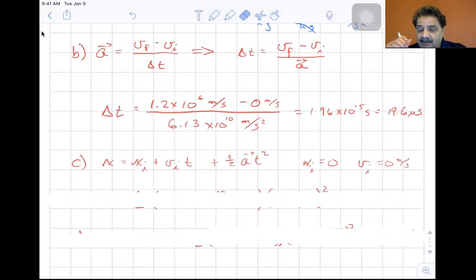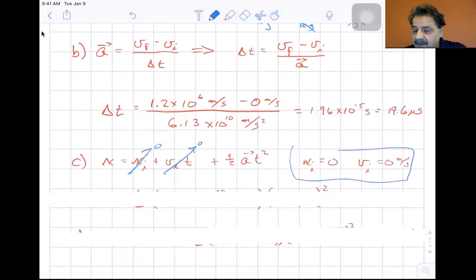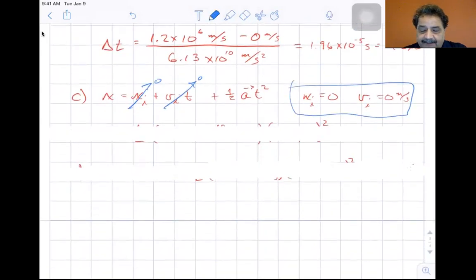Dig way back in your memory from first semester physics, and that's the equation of motion to get the distance traveled. Well, x initial is 0, v initial is 0, so that simplifies the equation to just x equals 1/2 a t squared. I have the initial conditions there.